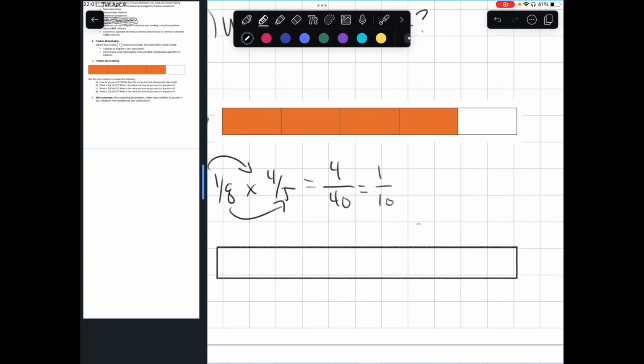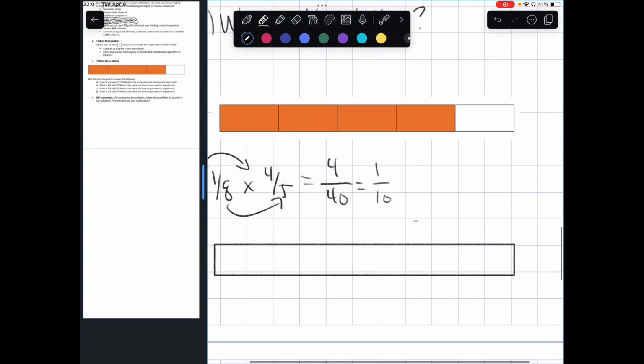So this is, we can do 1, 2, 3, 4, which is 5, then 6.